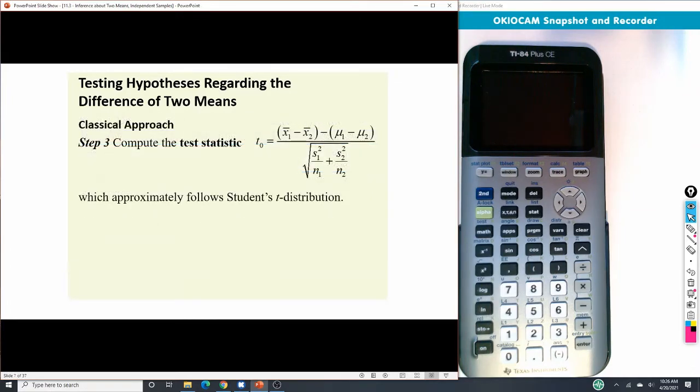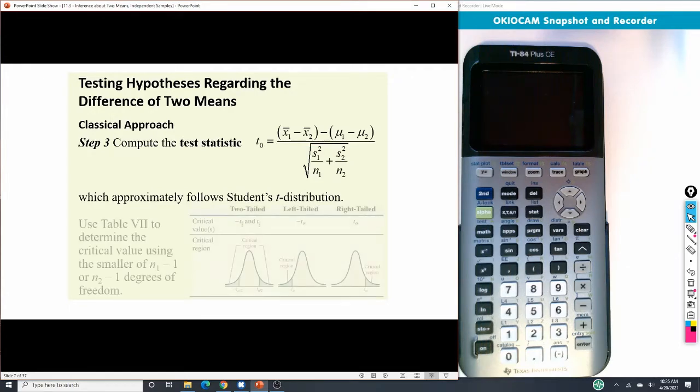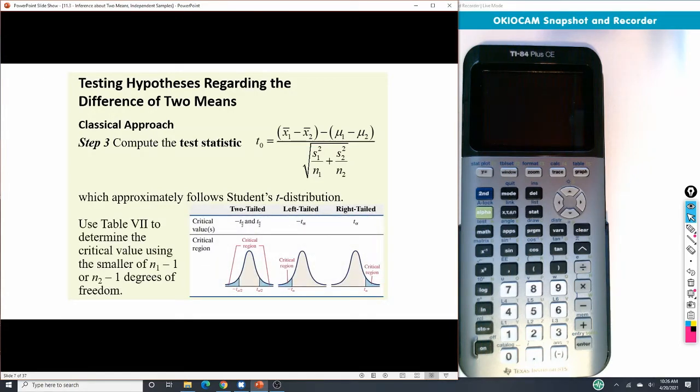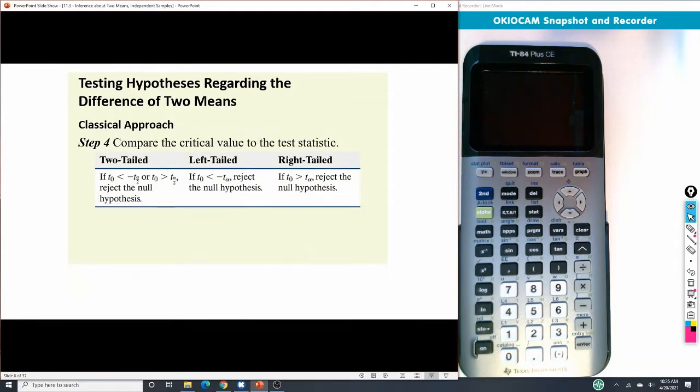Here is our test statistic, t sub 0. It looks just like the formula we looked at a moment ago. For two-tailed, if we are outside the critical values, we would reject. If we're less than the negative, we would reject, or if we're greater than the positive, we would reject, all based on what tail we have.